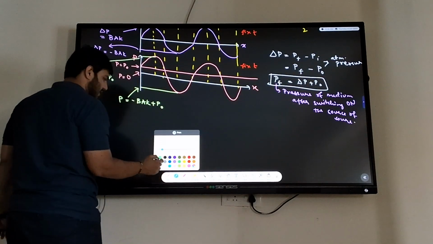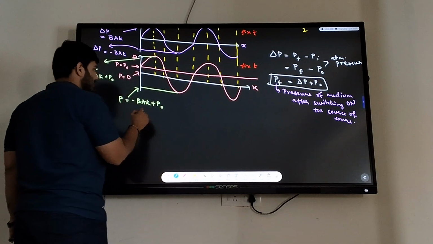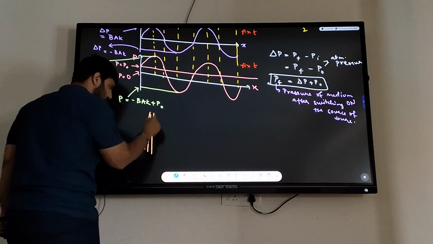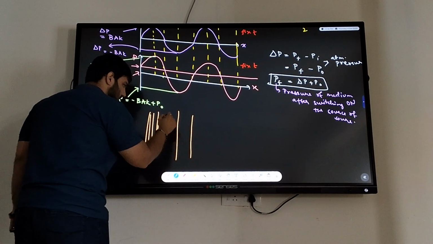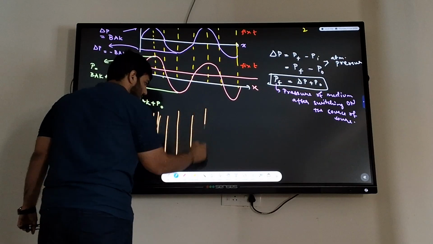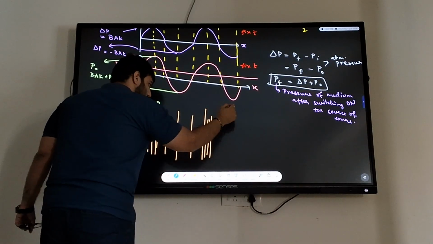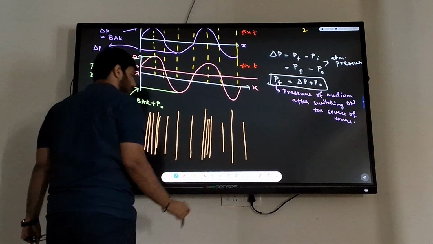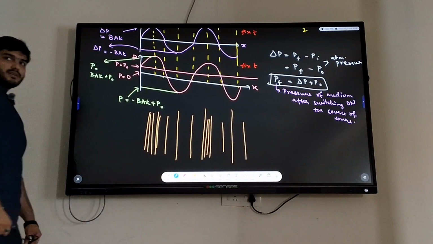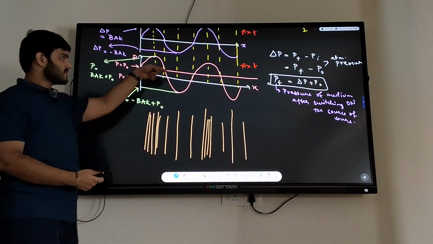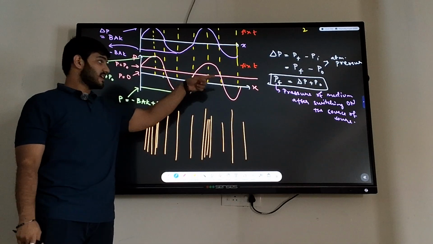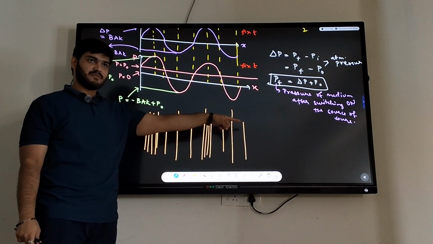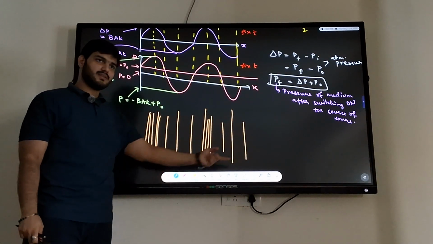The picture will look like this. Here, and here, and here again, and here, something like this. As the wave moves, this also moves. So for the pressure variation, I am fixing time again. If I don't fix time, then what will happen?